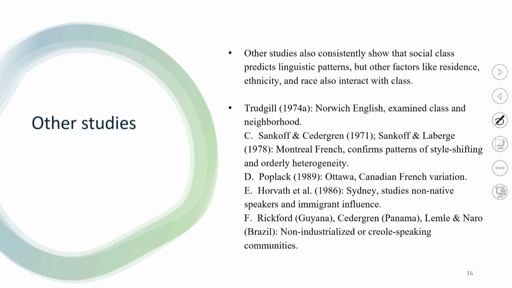Other similar studies, which we have discussed elsewhere as well: Trudgill's Norwich English examined class and neighborhood. Similarly, Poplack worked on Ottawa Canadian French variation, then Sydney studied non-native speakers and immigrant populations, and so on. Many other studies have utilized similar parameters to look at class differences.